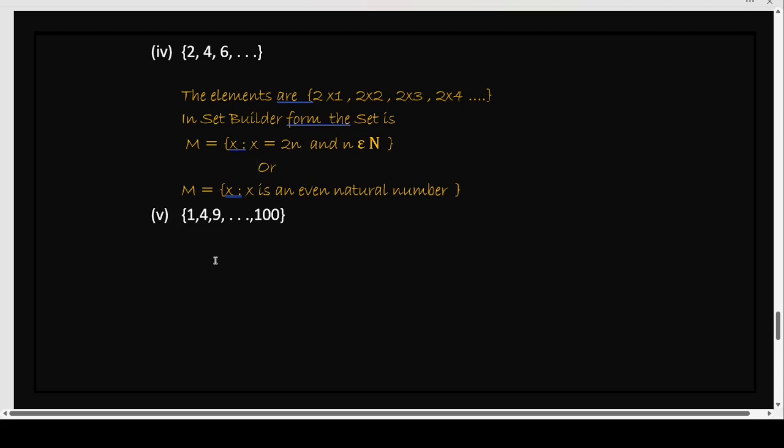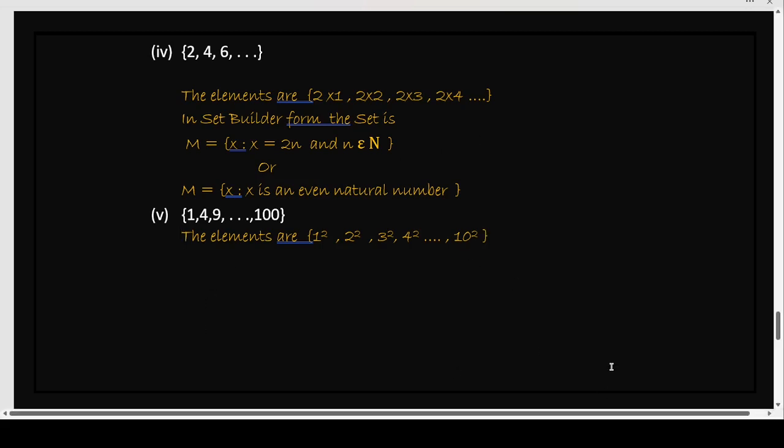Next one is 1, 4, 9, up to 100. On observing that, we can see these are the perfect squares of natural numbers. This is 1 square, this is 2 square, this is 3 square, and this is 10 square. We write the elements and we will write it in the set builder form. The elements are 1 square, 2 square, 3 square, 4 square, and so on up to 10 square.